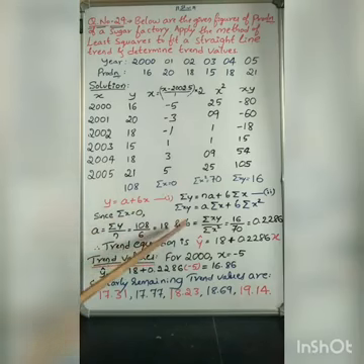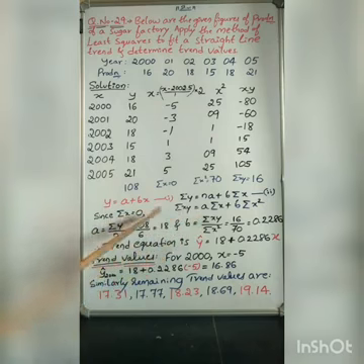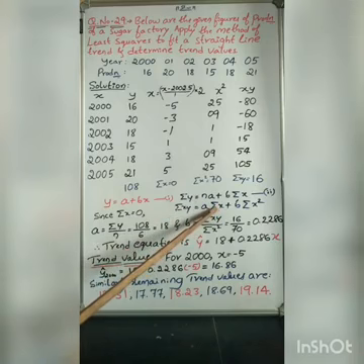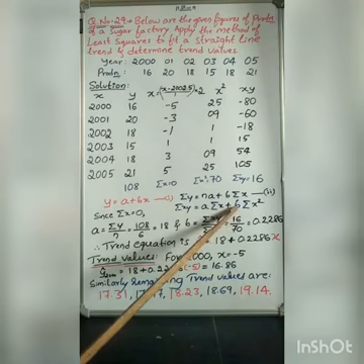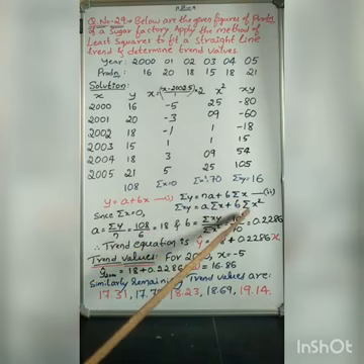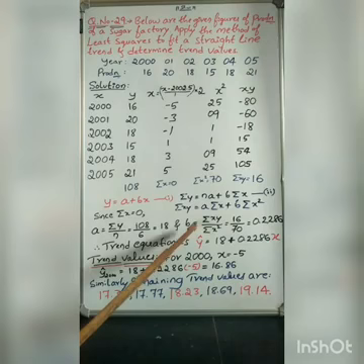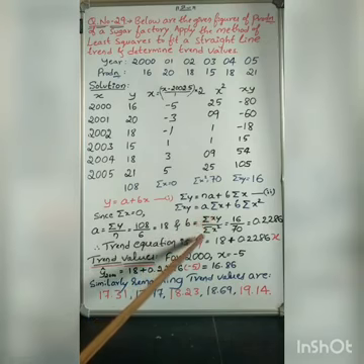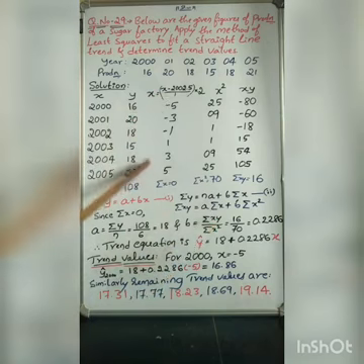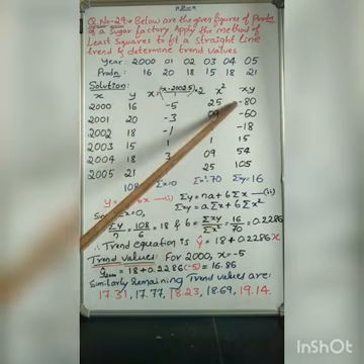And next, when summation of x equal to 0 is considered in the second normal equation, this term entirely goes to 0. So b is equal to summation of xy divided by summation of x square. Xy is needed, so after calculating x, x multiplied by y values also have to be calculated.